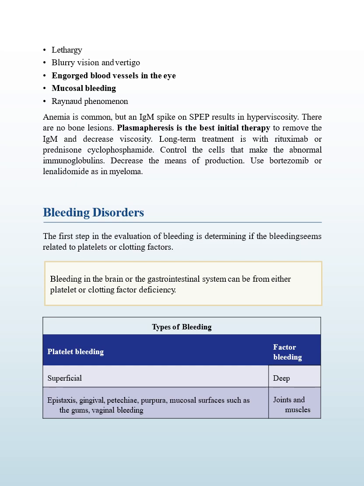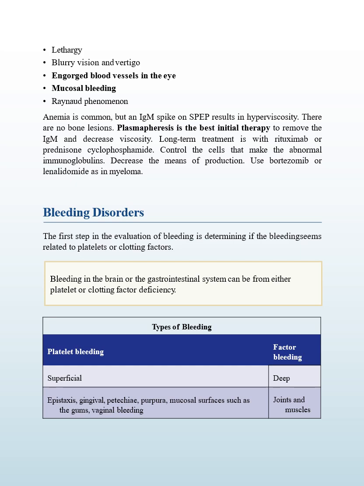Let's talk about bleeding disorders. The first step for evaluation for bleeding is determining if the bleeding seems related to platelets or clotting factors. Bleeding of the brain or GI system can be either from platelet or clotting factor deficiency.